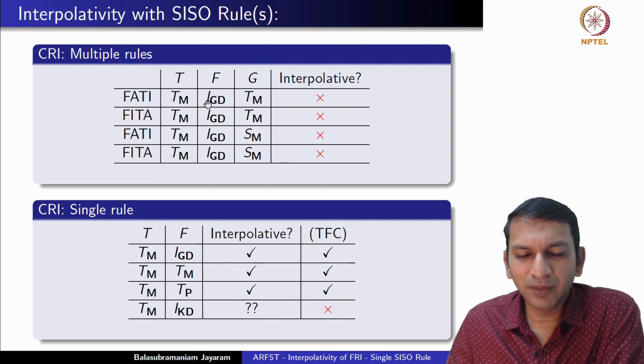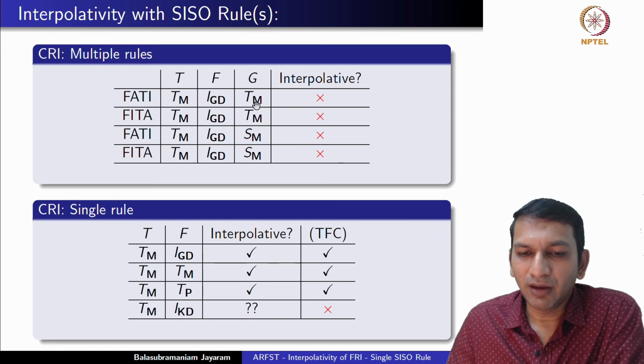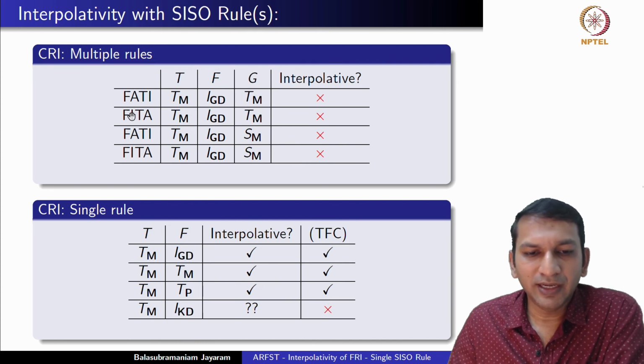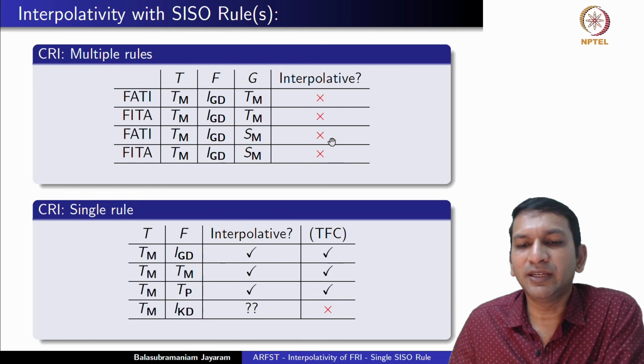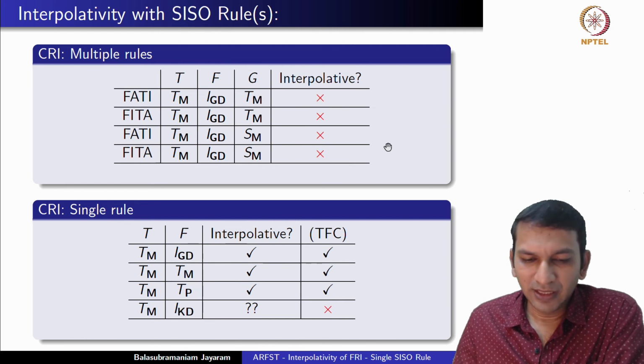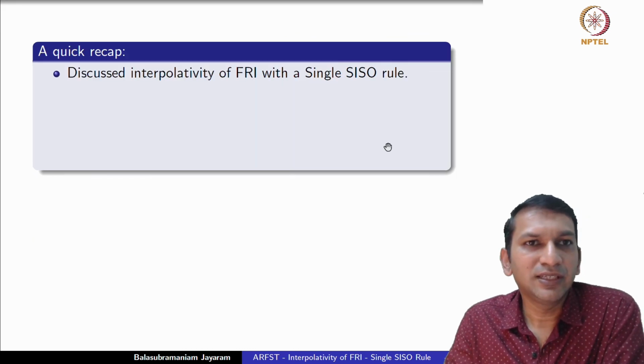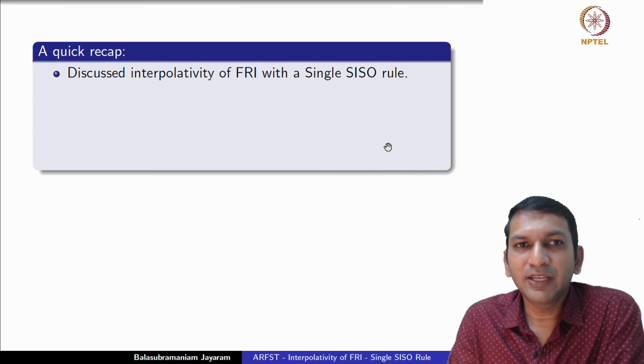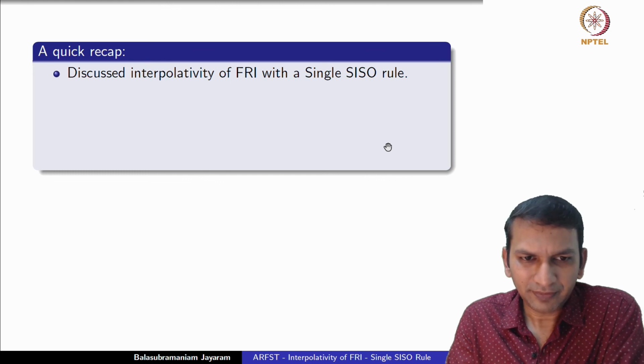However, in the case of multiple rules, when you consider the same pair for T and F, and even with different aggregation operators G and different inference strategies theta or phi T, they are not actually interpolative, which means we need to discuss a little deeper the case of multiple SISO rules.